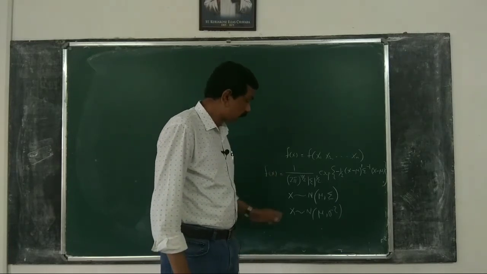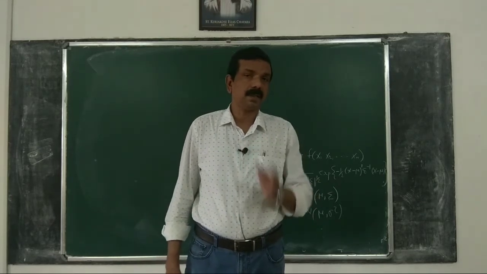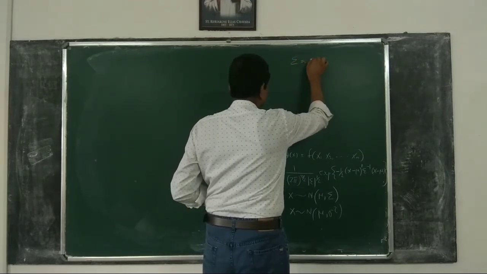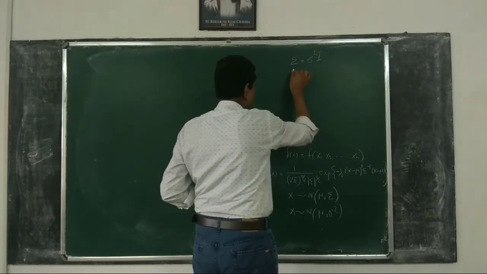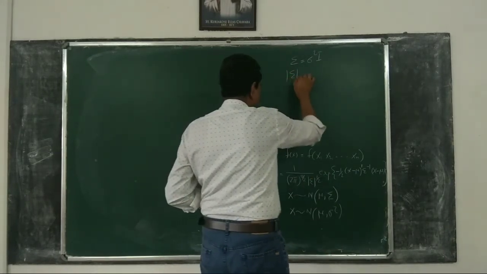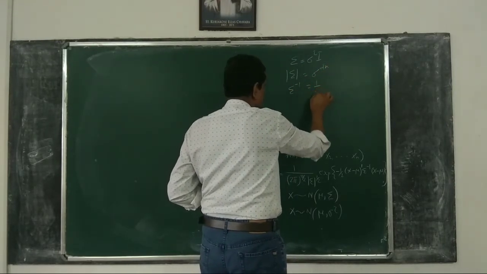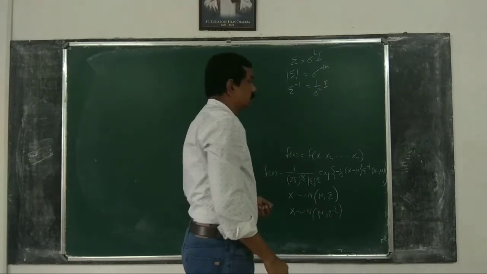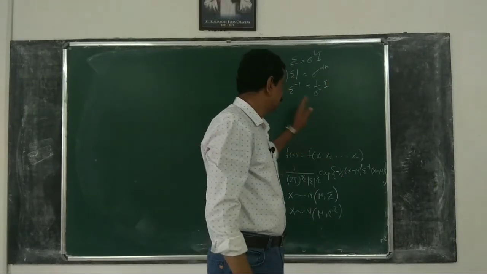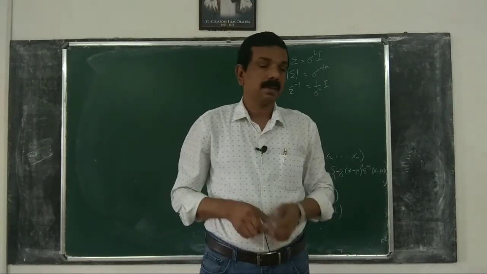If the variance of all these random variables is the same, sigma square, and if they are pairwise uncorrelated, then sigma becomes sigma square I, determinant of sigma becomes sigma square raised to n, and sigma inverse is equal to 1 by sigma square I. This also we have discussed earlier.